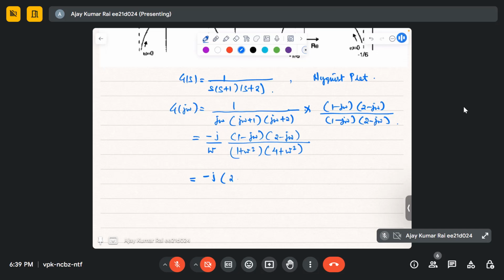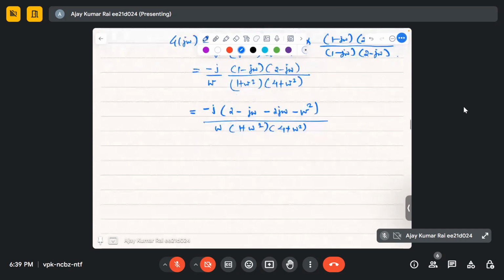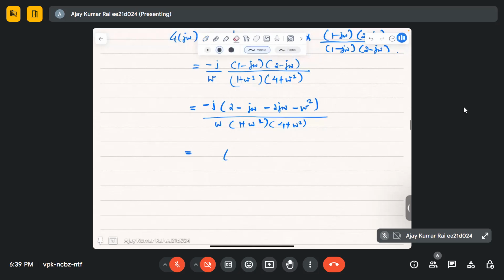Okay. This is 2 minus j omega minus 2 j omega. Okay, again this will be plus, but j square is there, so minus omega square. Okay, so 2 minus omega square minus 3 j omega.